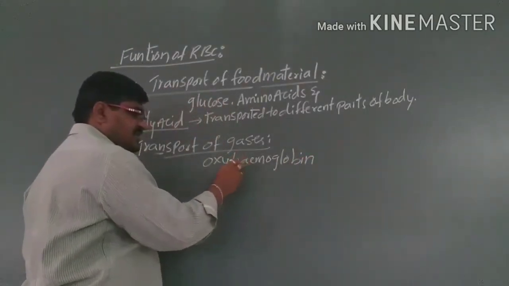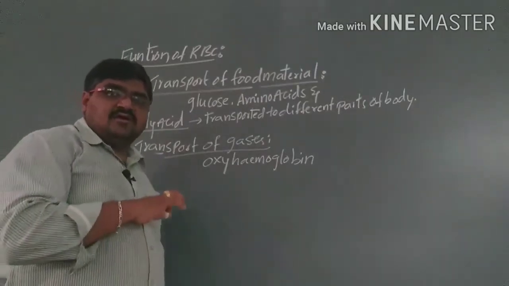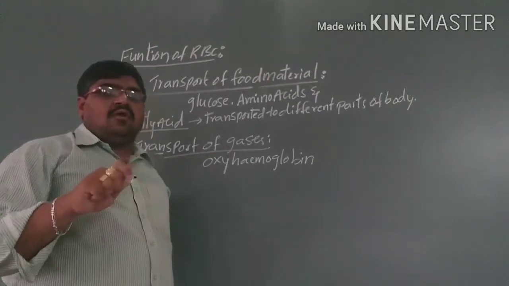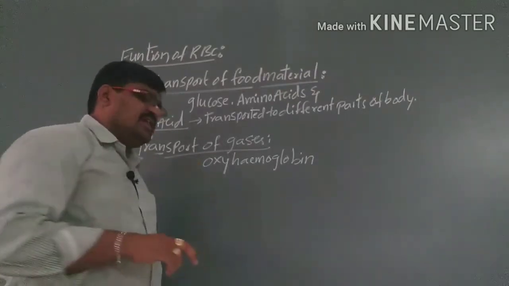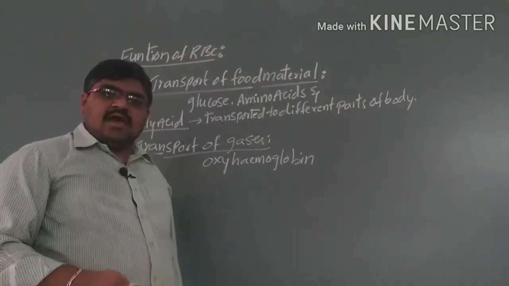That means oxygen is transported through the blood. The red blood cells absorb oxygen and transport it to different parts of the body in the form of oxyhemoglobin, which dissociates into oxygen plus hemoglobin.